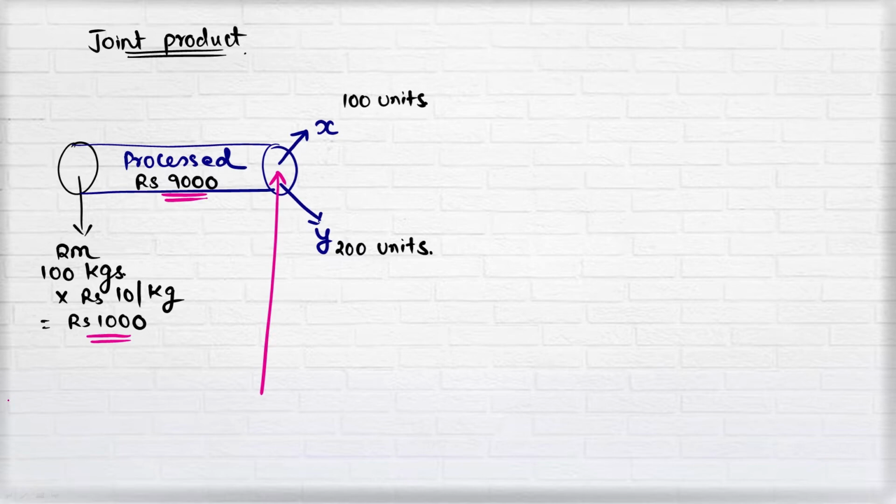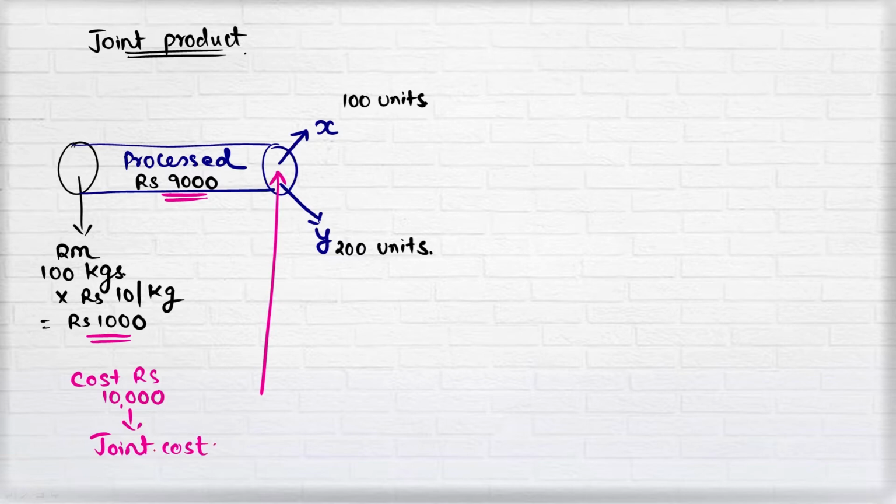Whether it is the cost of X or the cost of Y, it is the cost of both. So the total cost is rupees 10,000. You agree it is for product X as well as Y? It will be termed as which cost? Joint cost. Right.